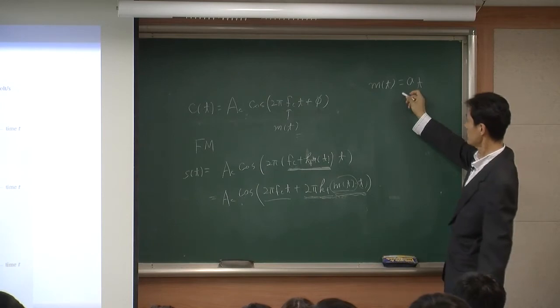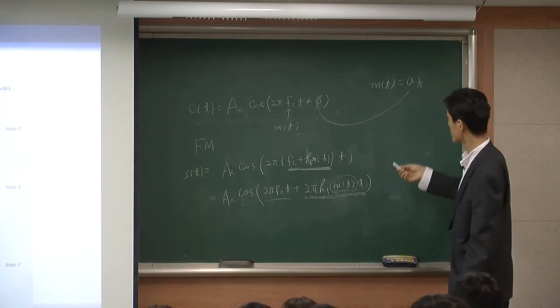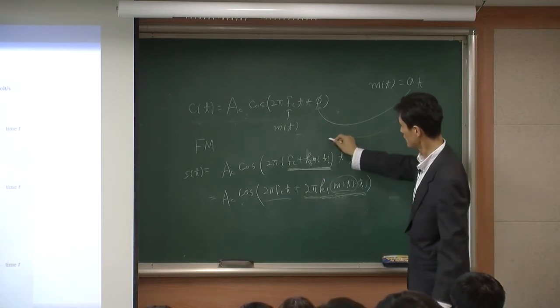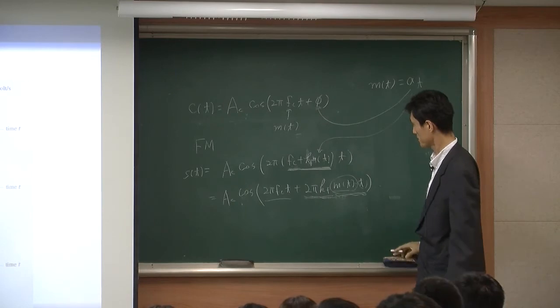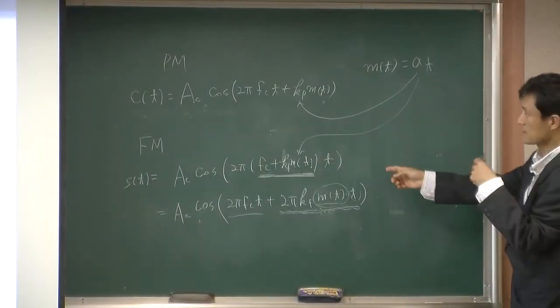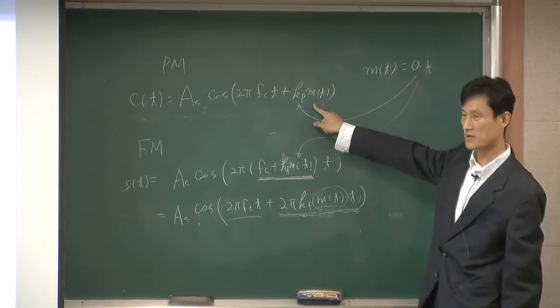Now put this m(t) into the phase, and also put this m(t) into the frequency. So that's the PM. In the PM signal, you put this message into the phase part.